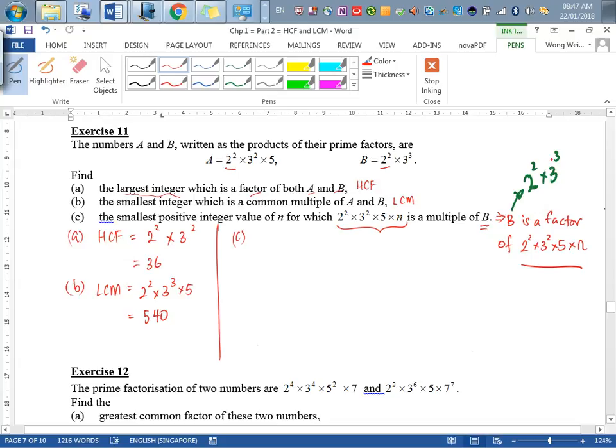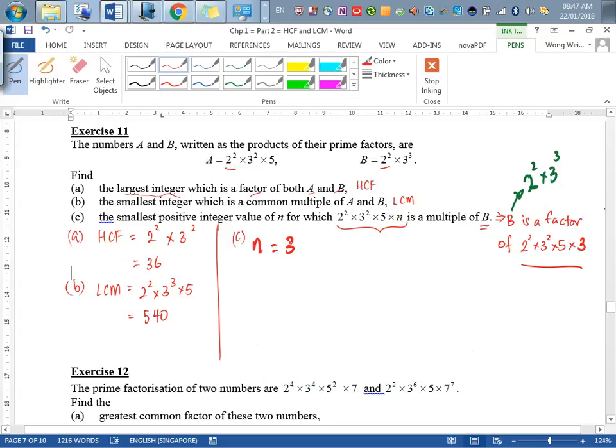What about 3 cube? Is 3 cube found inside here? Yes or no? No, right? We only have 3 square in 2 square times 3 square times 5 times n. I don't have 3 cube. What am I missing? I'm missing a 3. So what do you think is the value of n? This n must be equals to 3. Okay? So in part C, n equals to 3.